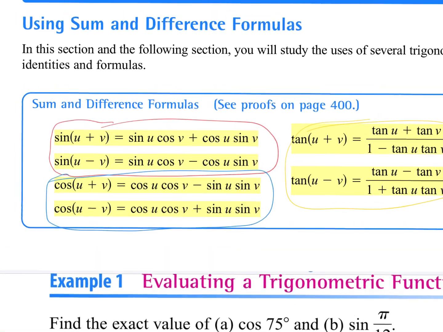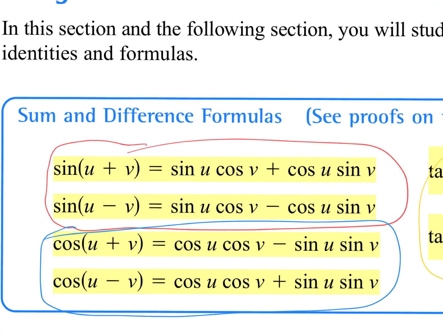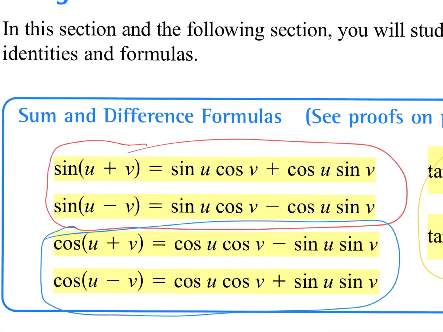Look at the sine formula. It says if you're adding u and v together, then the formula has a plus sign in the middle. Makes sense, right? With the subtraction, if you're subtracting the two angles, there's the minus sign in the middle. That makes sense.